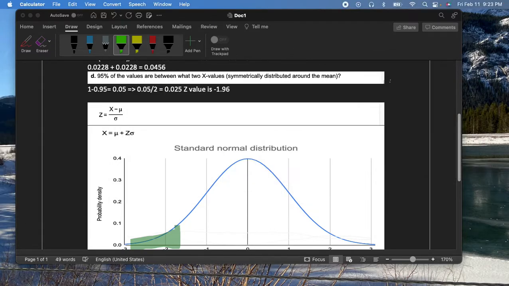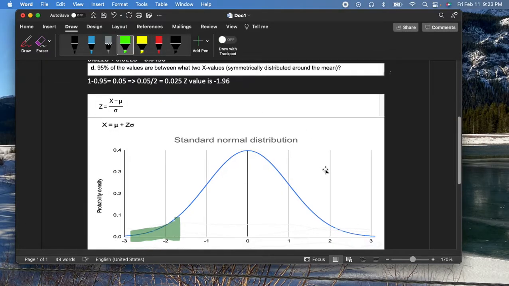So we're going to use the yellow marker here, and basically it's saying this value here is 1.96.